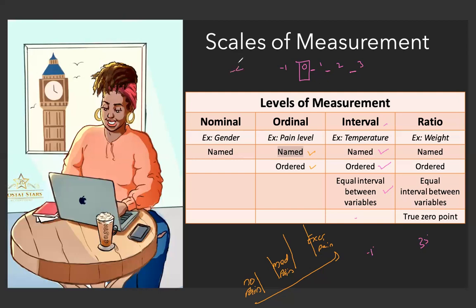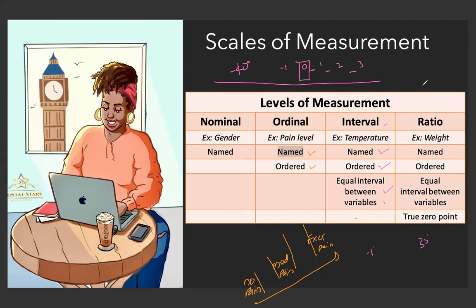There is even -40 degrees, which makes sense. So as you can see, there is no true 0 point in this interval, right? So again, what do we know about the interval? It's named, it's ordered, there's equal interval between them, but there is no true 0 point because it goes on both sides, positive and negative.